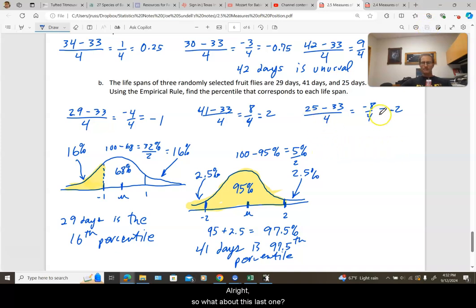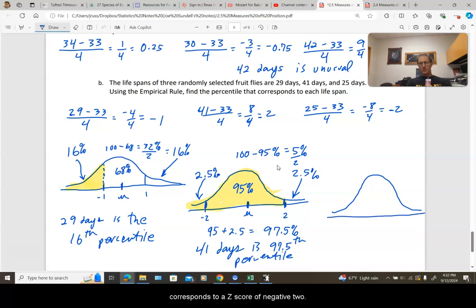All right, so what about this last one? And guys, the more you work with these, the easier this will become. So see, you know, when they say 2 standard deviations, think about 95%, which means there's going to be 5% in the tails, which means each tail will only have 2.5%. Okay, and that'll actually help us with this next one. So see, the next one, 25 days, corresponds to a z-score of -2.